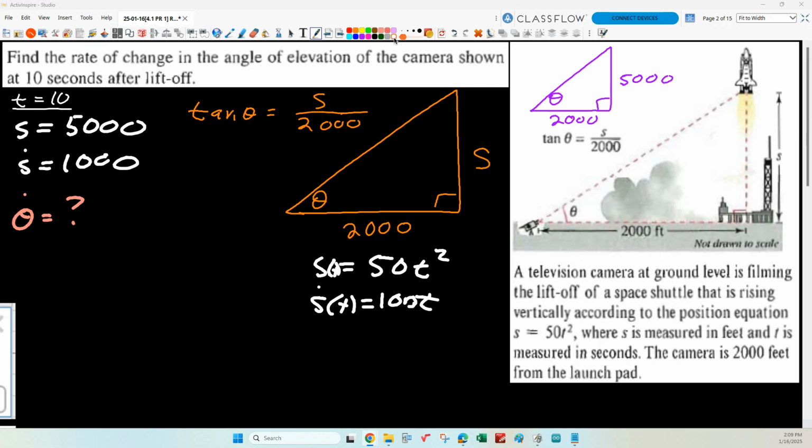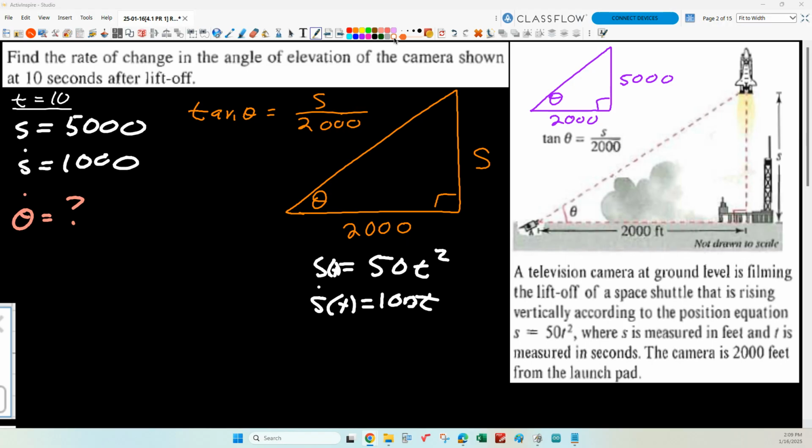Okay, so now what? Parent equation. We need an equation that relates S's and thetas. We already have it, don't we? It's right there. If we're trying to get an equation that relates angles and distances, it has to be a trig equation, right?